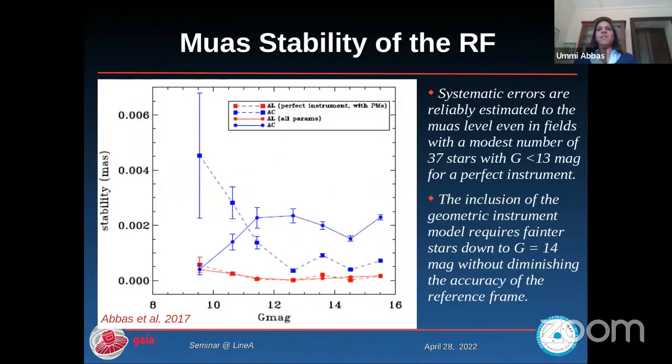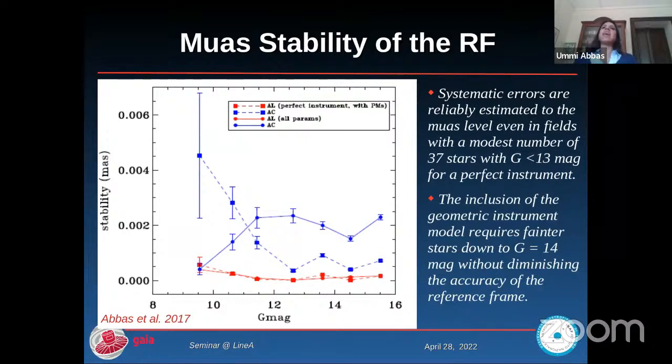So in this case, for example, where I look actually at the stability, the RMS scatter on the positions of all the stars, we can see the stability in the along scan is much more precise. So the red curves, for example, are at the microarcsecond level.